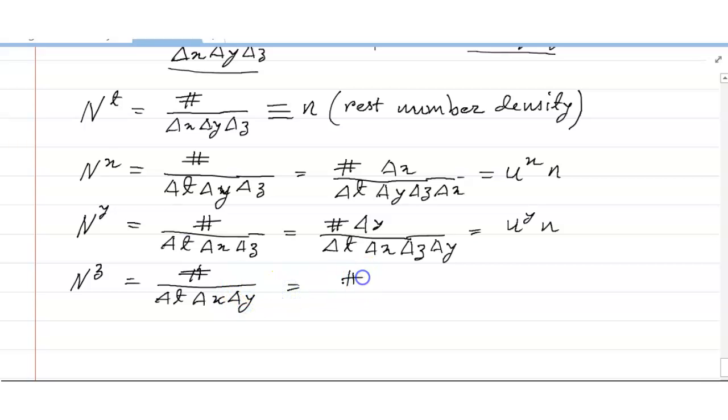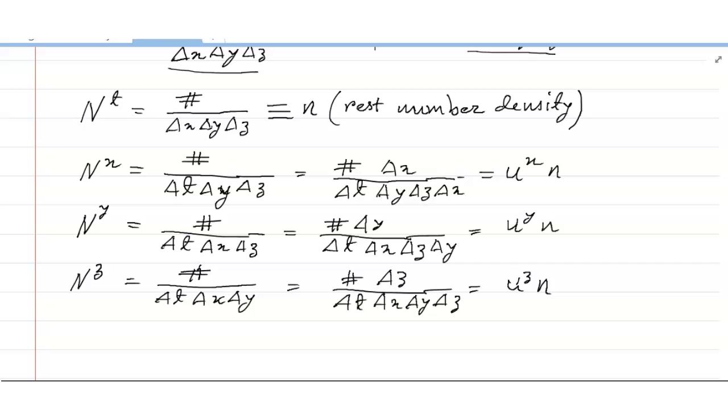It can be written as del z divided by del t into del x into del y into del z. It can be written uz into n. This is an alternate way to write the number flux 4-vector in Galilean relativity.